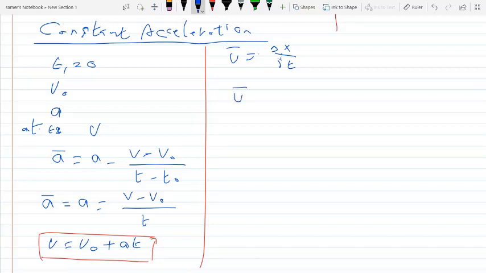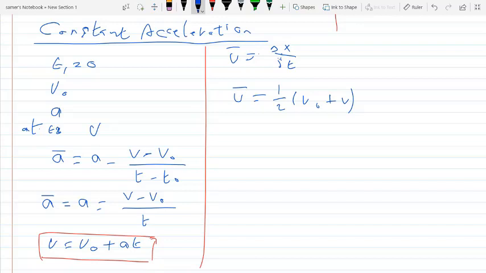Because velocity is increasing steadily, that's because acceleration is constant, of course, we can consider that the average velocity over an interval of time is the average of the velocities at the beginning and at the end of that interval. So v average, we can consider it to be 1/2 (v0 plus v), or (v0 plus v) over 2.